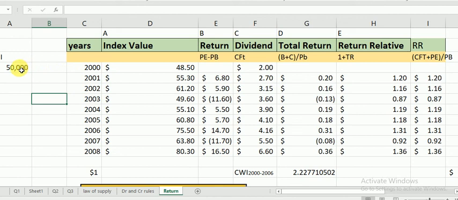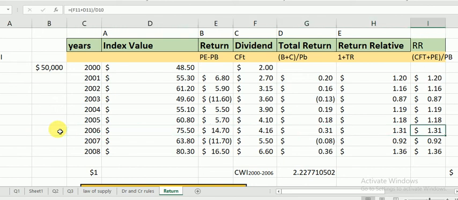What will be the value of this $50,000 in 2006?